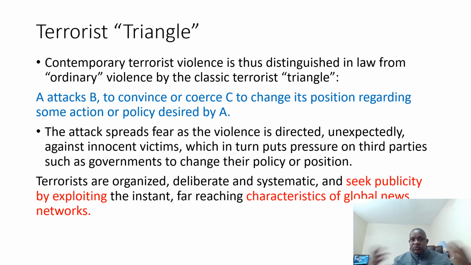This is what the terrorists want. They want to spread fear. So the current global news network is a double-edged sword. It gives us the information we need, but it also plays a role in promoting terrorism. We shall look at these issues as we move along.